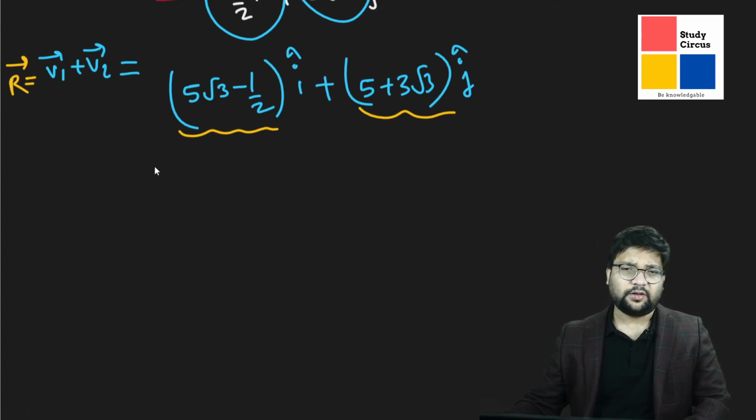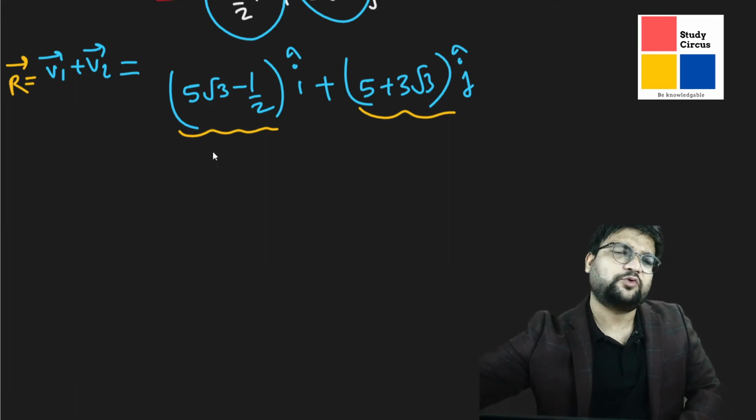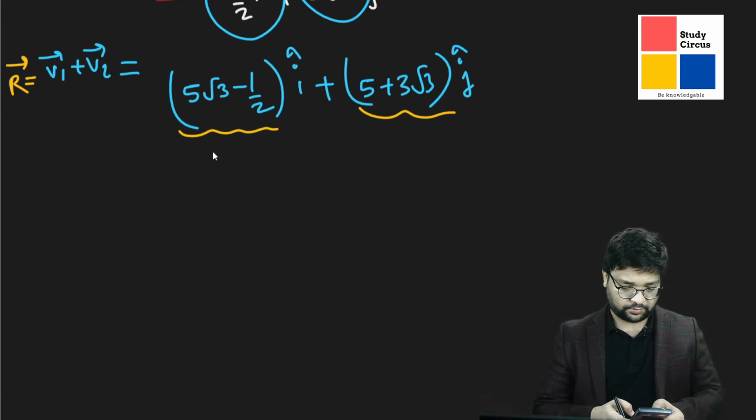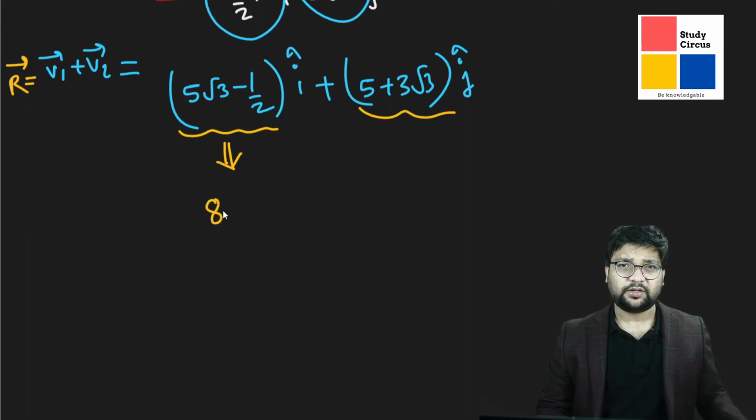Now 5 root 3, if I try to find an approximate value, how much is 5 root 3 going to be? So this is 5 into 1.7, so it is approximately 8.1 i cap.